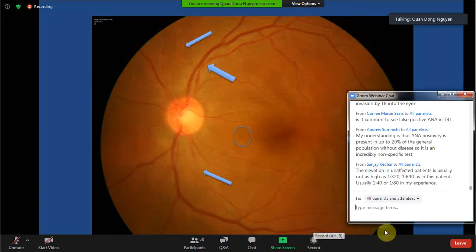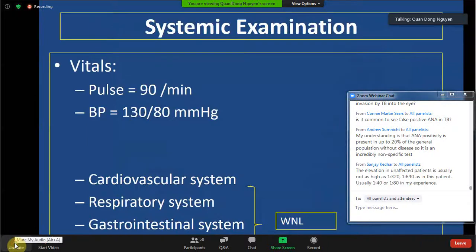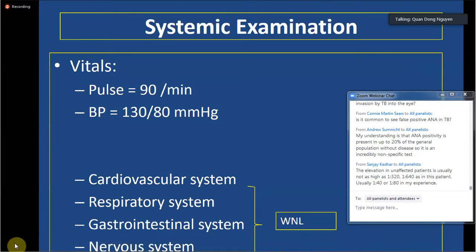Does anyone think of anything, any other question? So for his systemic examination, given how sick this patient is, with visual acuity down to counting fingers in both eyes, we're obviously concerned to make sure that there's no gross systemic finding. The pulse was 90, which is reasonable, blood pressure fine. So far, cardiovascular system and respiratory system seem to be normal.